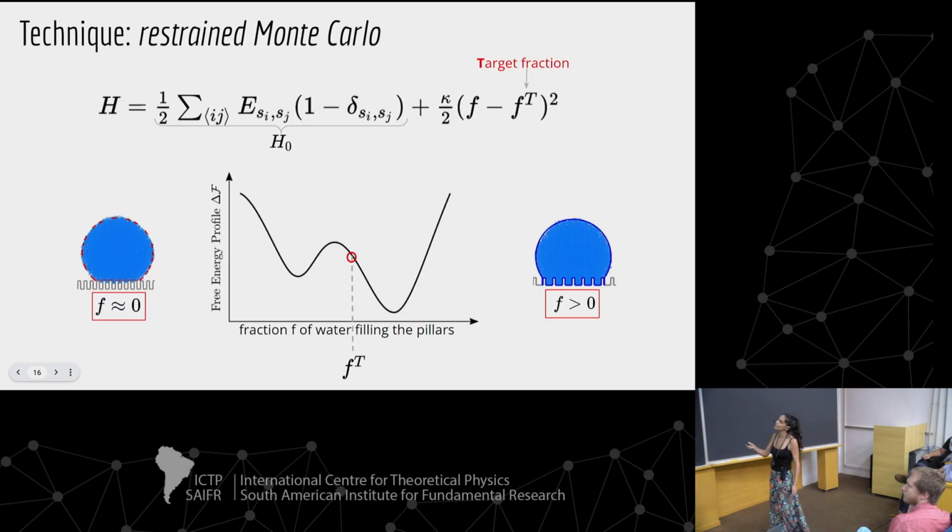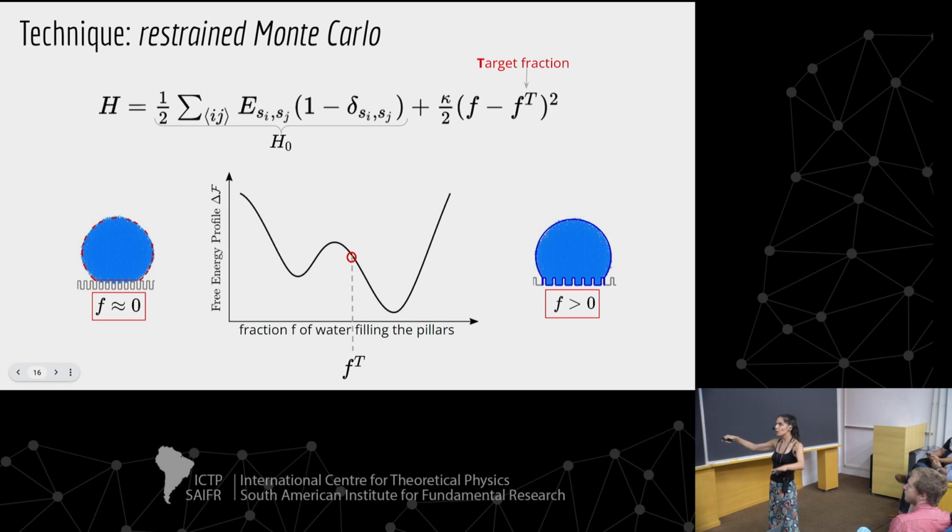The one that we use is the restrained Monte Carlo, in which we take, again, the Hamiltonian that I have just shown before, that only takes into account the energy of creating states. And what we do is that we add a constraint term, or a restrained term, which depends on F, and F is the fraction of water that wets the surface.